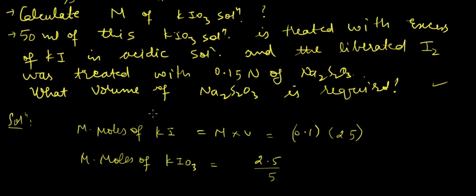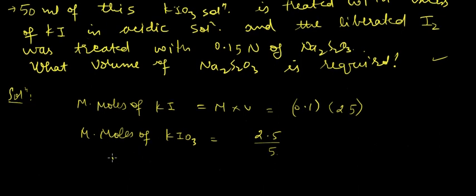So if millimoles of KI consumed in the reaction would be M into V, where M is 0.1 and V is 25, millimoles of I minus consumed in the reaction was 2.5. Hence millimoles of KIO3 that would have been consumed in the reaction would be n by 5, which is 2.5 over 5, which is nothing but molarity of KIO3 multiplied by volume of KIO3, which is 0.5.